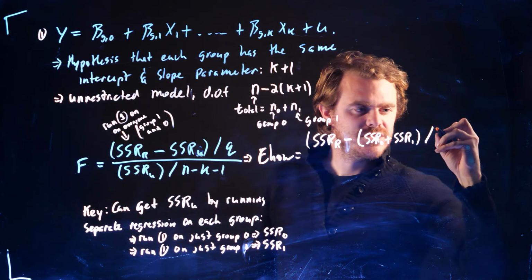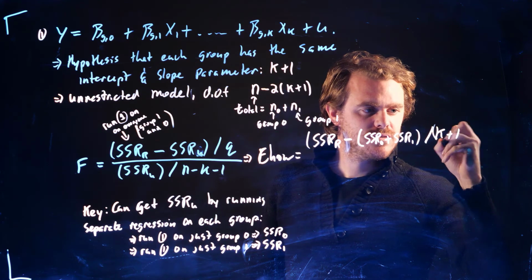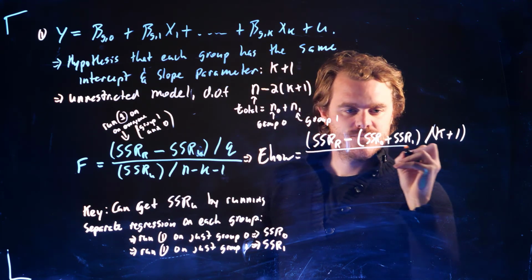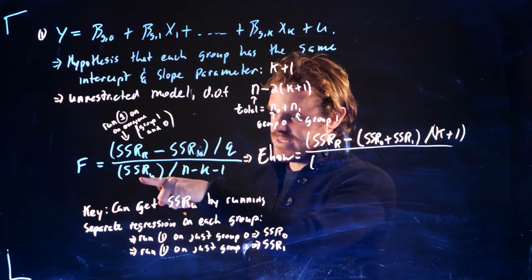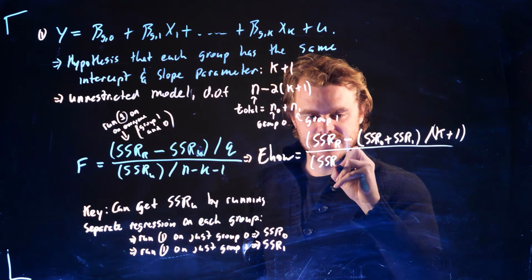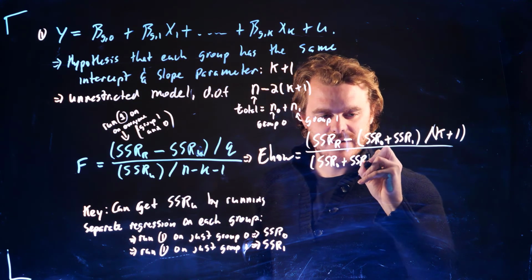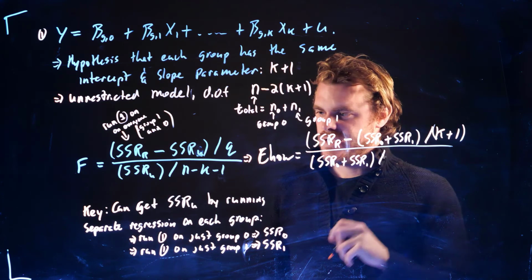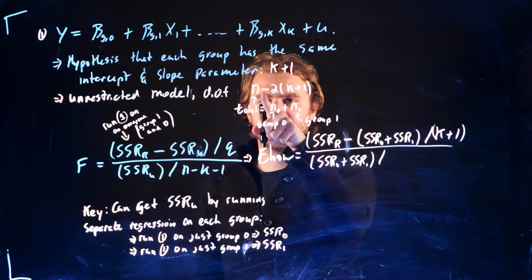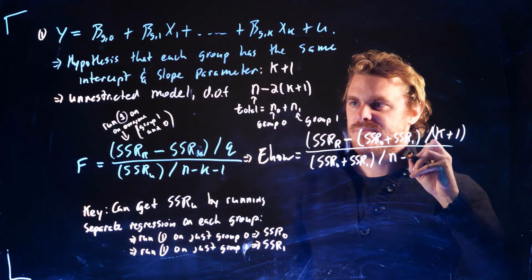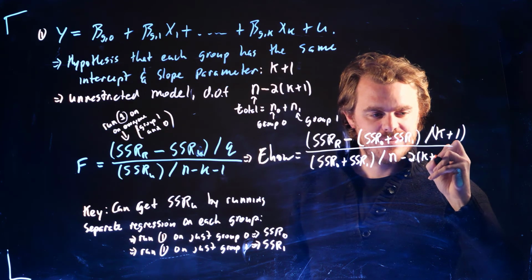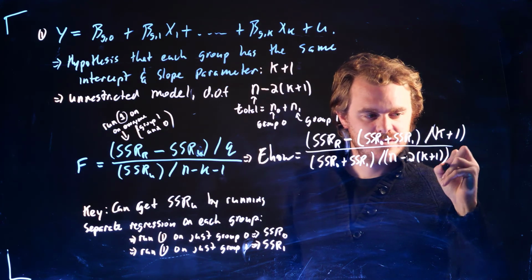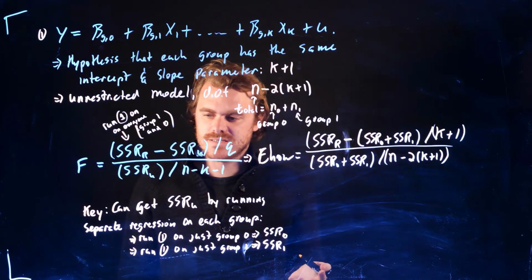The number of restrictions is k plus 1. The SSRU again is SSR 0 plus SSR 1. And then we're dividing by degrees of freedom. Well, we figured out the degrees of freedom, n minus 2 times k plus 1. So this is our Chow test.